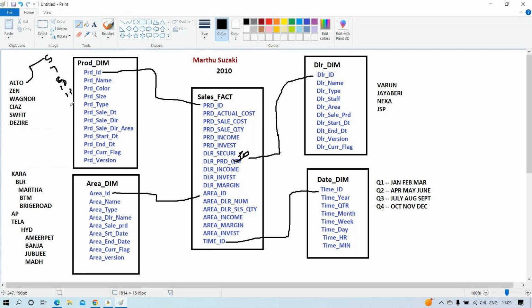For suppose in the year 2021, it has some 15 sales, increasing year to year by 2 to 3 products. That is the only ratio, not much.